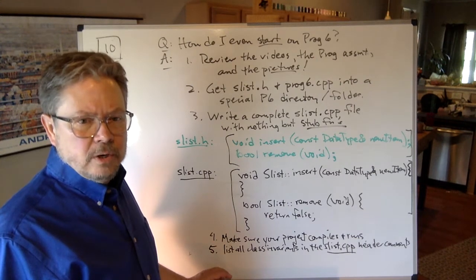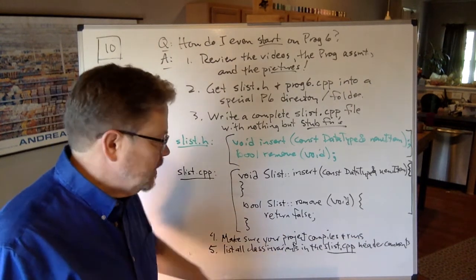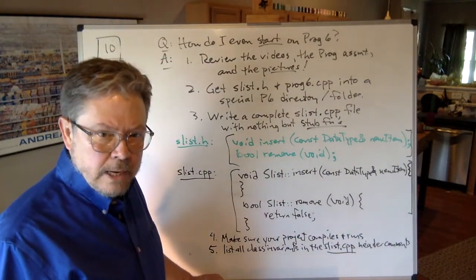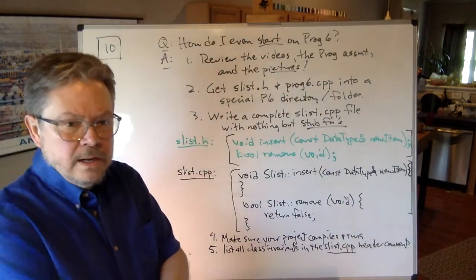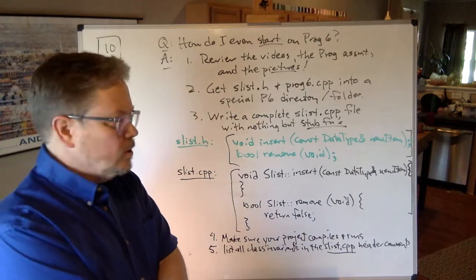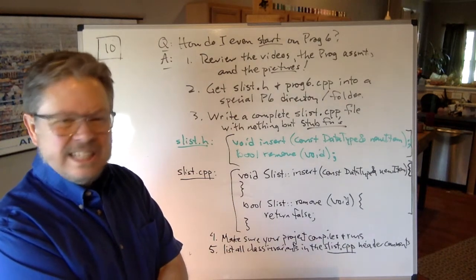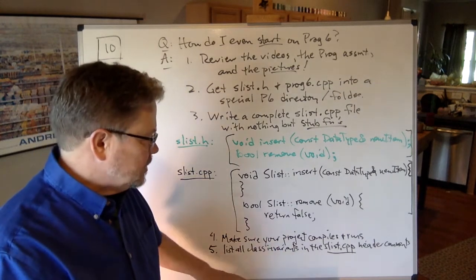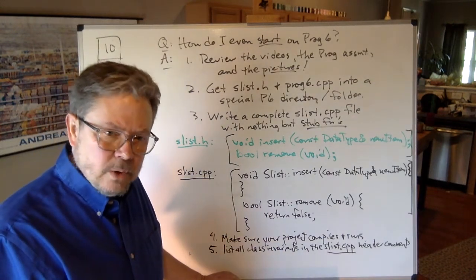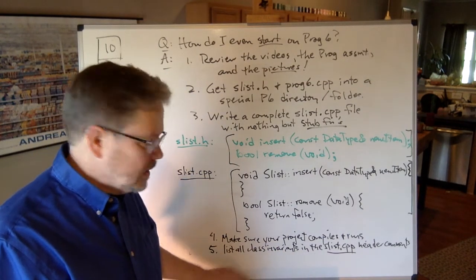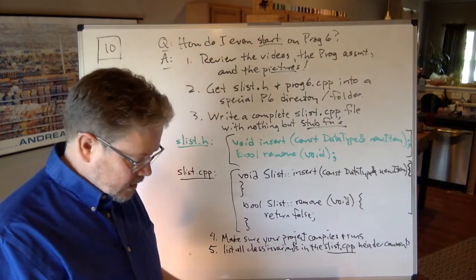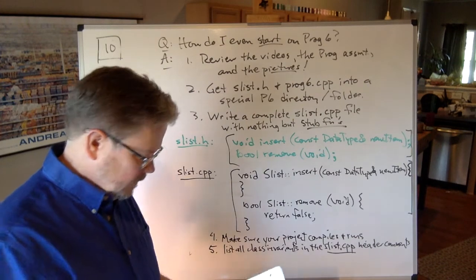They're the ones that have to know how it works. The class invariants should not, they better not, make any sense to the main program. The main program is blissfully unaware that such a thing as a head pointer or a cursor pointer or anything like that even exists. That's none of the main program's business. So the main program doesn't have any say in whether or not the class invariants are enforced or not. That is rules for whoever is implementing the class implementation.